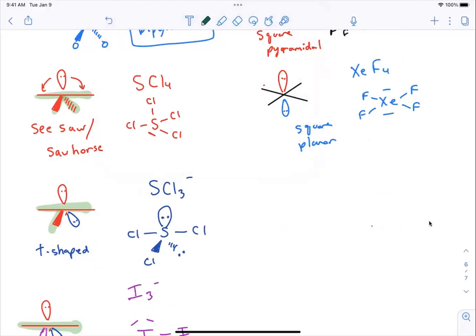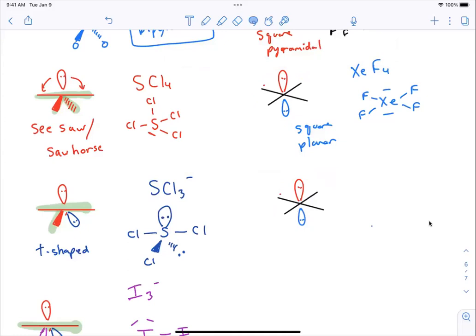I don't know if I have another example here, like TeO3. Anyways, let me just keep going with shapes to speed things up. We don't need to know examples for everything. But if I were to replace another line with a lone pair, does it matter which one I replace?